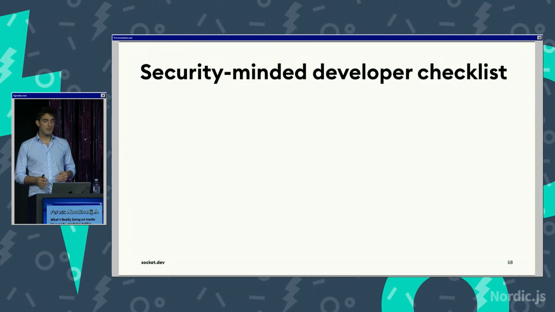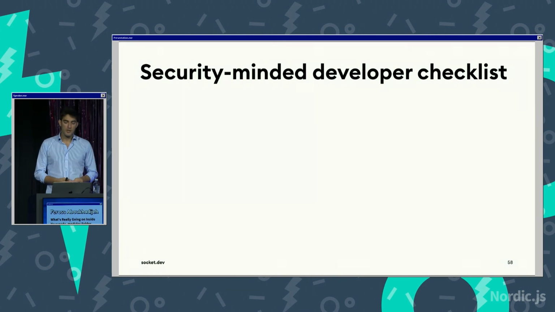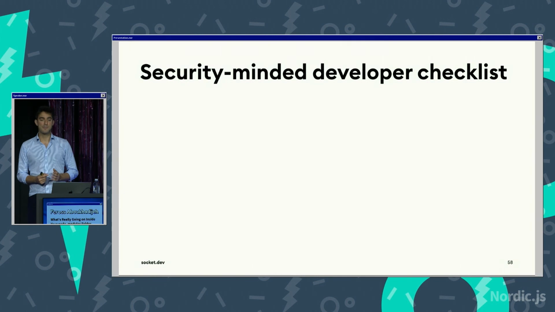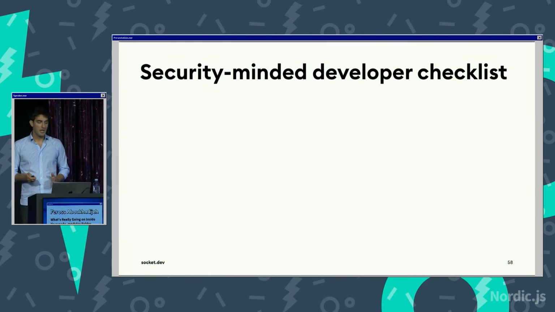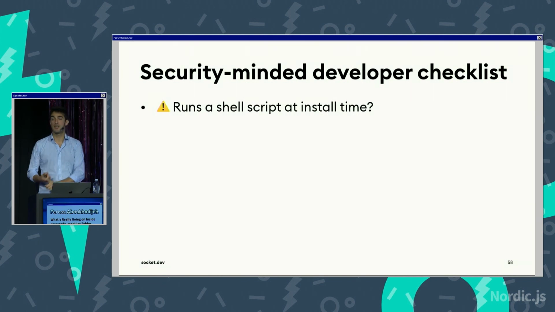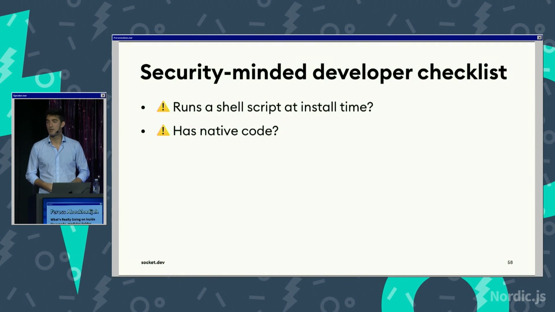But if you're a security-minded developer trying to improve the security of your application, then you really need to look at a different set of things. Does the package run a shell script at install time? Does the package have native code? In other words, does it contain an exe file or a binary file that you can't audit the source code of because it's been compiled already and you don't know what's in there?